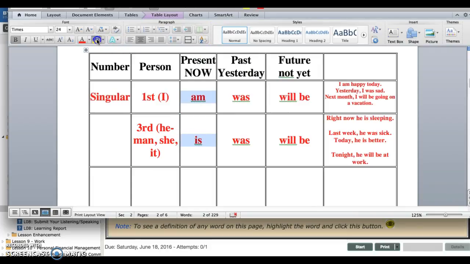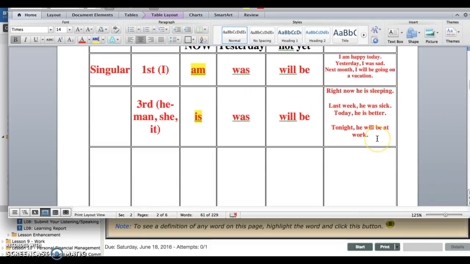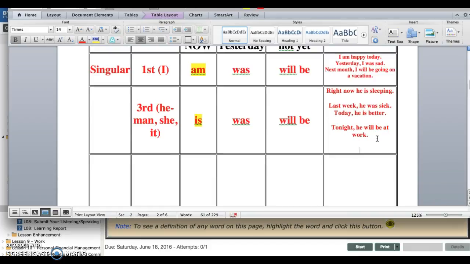Do you see that? So it would not make sense for me to say, if I'm talking about something right now, I'm talking about him, my husband, he am sleeping right now. Okay, that is the verb for when I'm just talking about me.